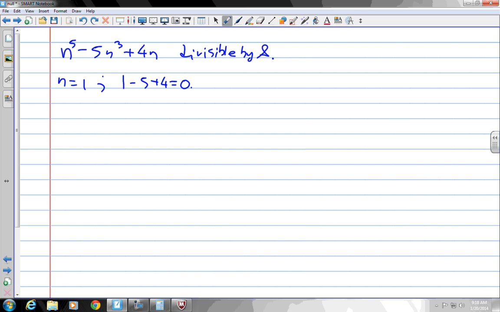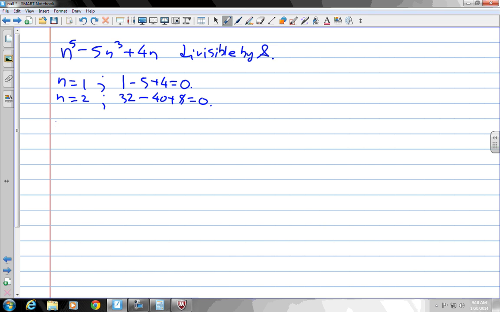We said n equals 2 was the same thing. If you plug in 2, you get 32 minus 40 plus 8. That's also 0. That's divisible by 8, right? So we kind of ignore those two. I mean, you can use that as a base case. 0 is divisible by 8, good. But that's a little shady.